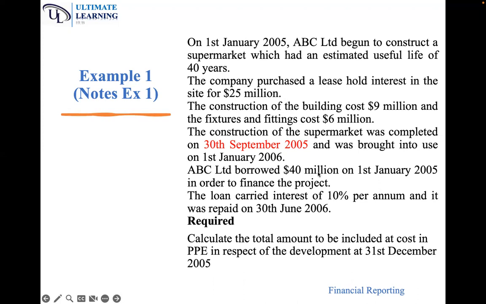ABC Limited borrowed 40 million on 1st January 2005 in order to finance the project. The loan carried an interest of 10% per annum, and it was repaid on 30th June 2006. Required: calculate the total amount to be included at cost in the PPE in respect of the development at 31st December 2005. So at the end of 2005, we need to calculate the amount of borrowing costs to be capitalized. So let's go to Excel.